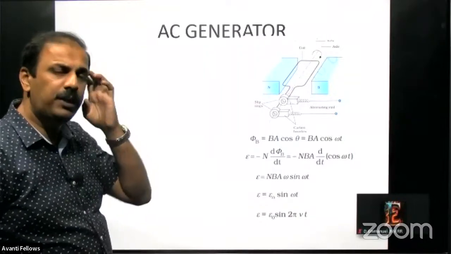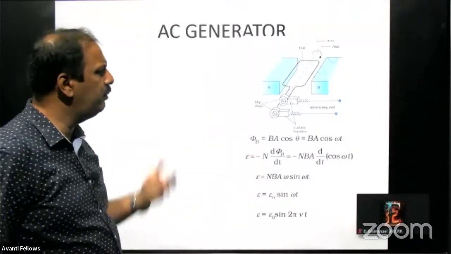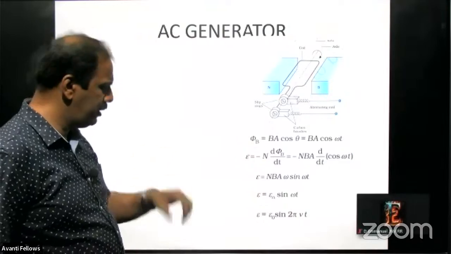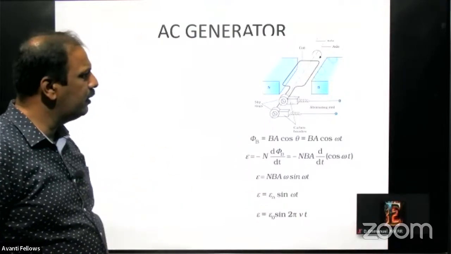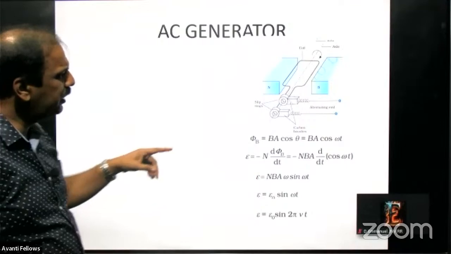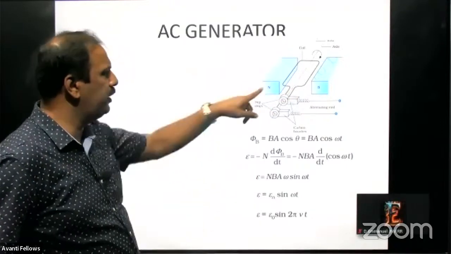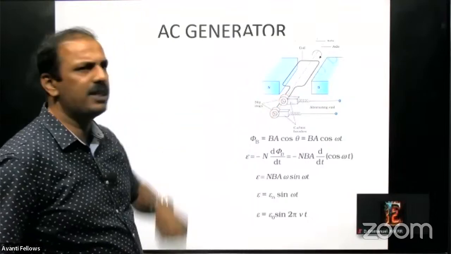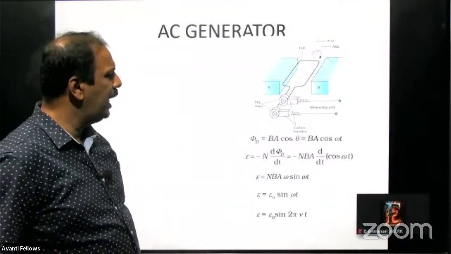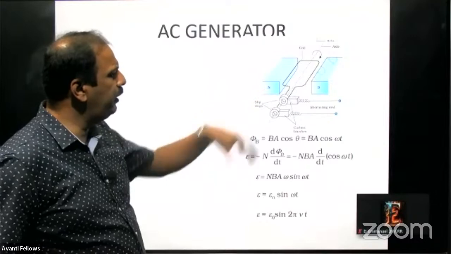Because our next topic is AC. That chapter is AC. So before that, you should know how this AC generator works. Here you see, we have a coil which is kept in the magnetic field. We have north here, south here, and a coil is kept in the magnetic field.